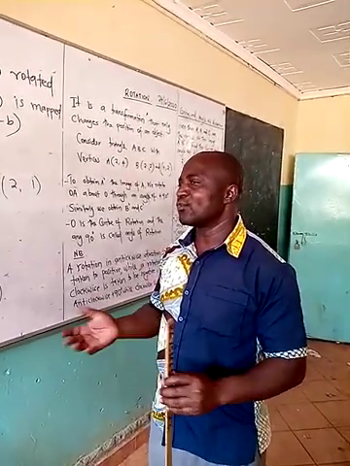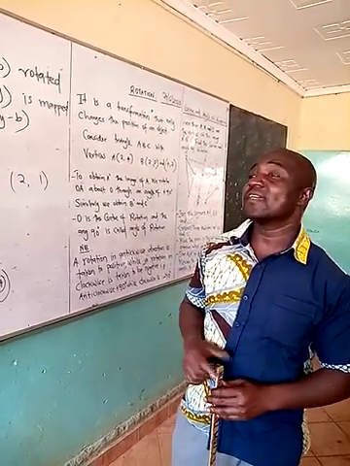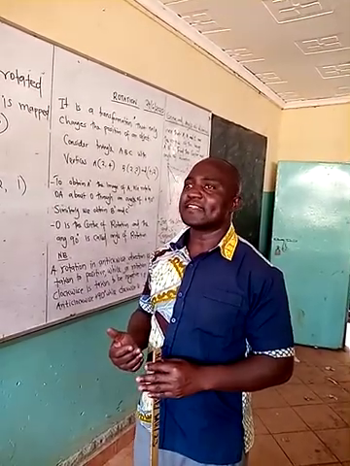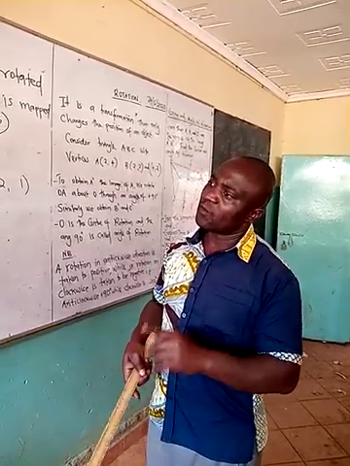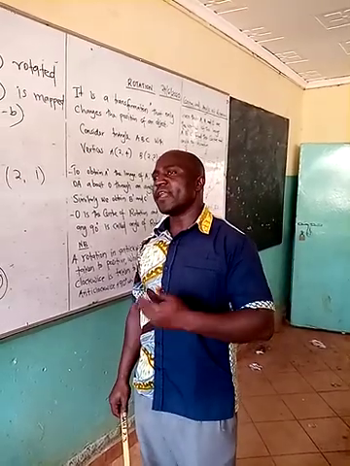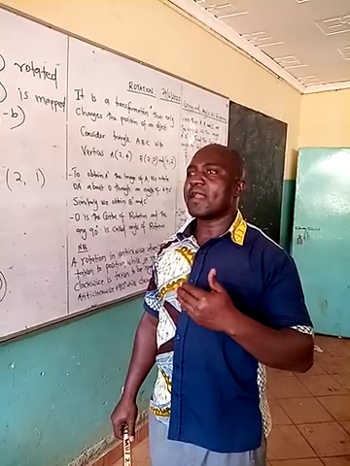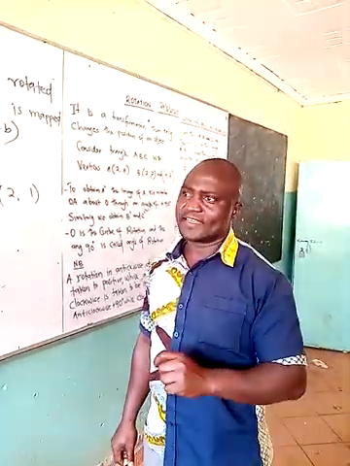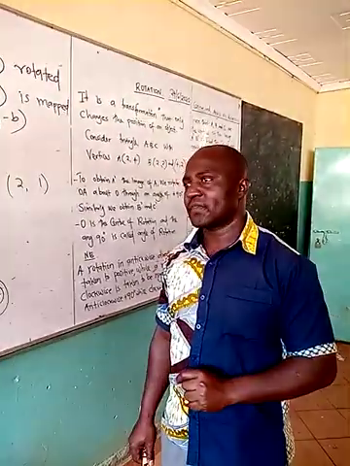Now, I want us to look at rotation through 180 degrees. There is one unique characteristic with a rotation of 180 degrees. When you rotate an object through 180 degrees, either clockwise or anti-clockwise, the image will land in the same position.